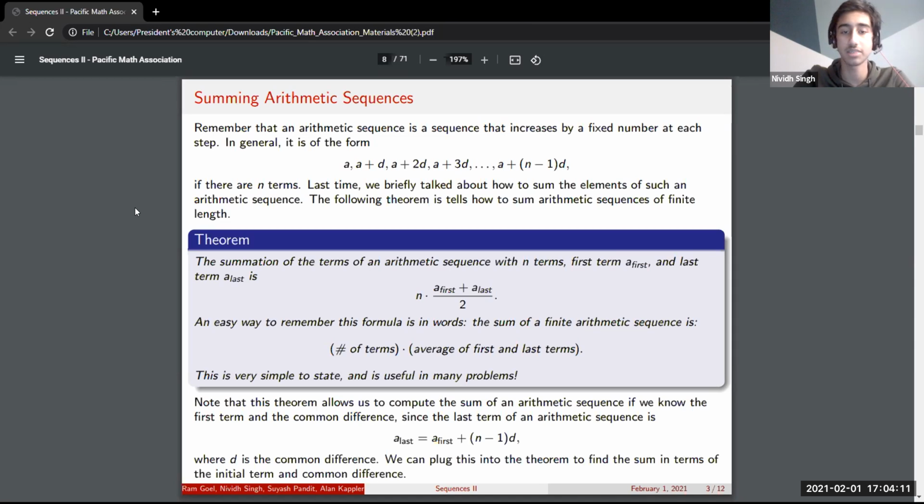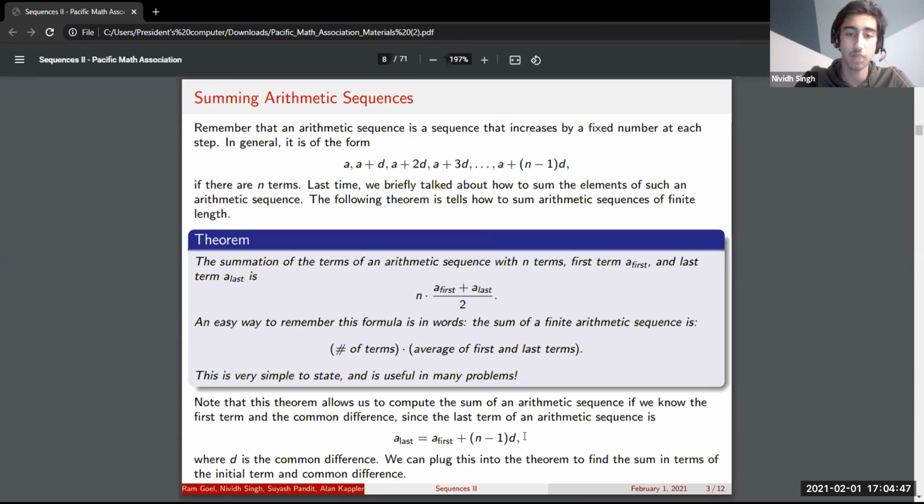This is really simple and really useful in a wide range of topics and problems, and a lot of problems that aren't at all related to arithmetic sequences will boil down to this formula. This theorem allows us to compute the sum if we know the first term and the common difference, since the last term is the first term plus (the number of terms minus 1) times the common difference.